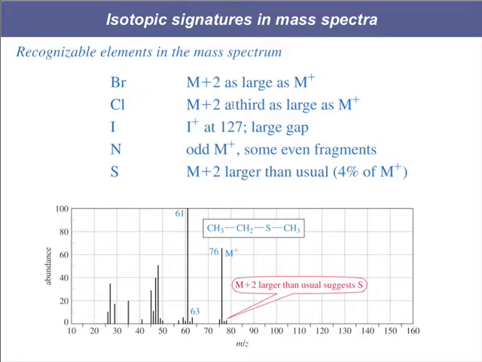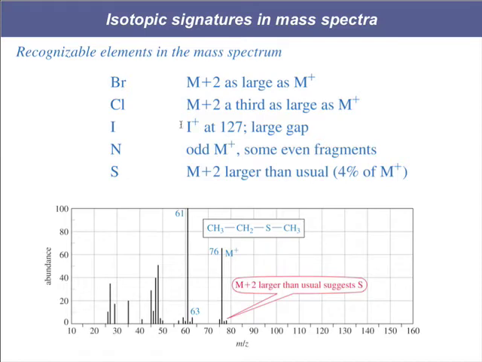For chlorine, since it's 75 to 25, we're going to see an M+2 about a third as large as the M+, meaning that about a third of the time we're going to get a chlorine-37, and 75% of the time we're going to get a chlorine-35. Iodine, you're going to have a piece at 127. Iodine weighs 127, and iodine is a very common fragmentation site.